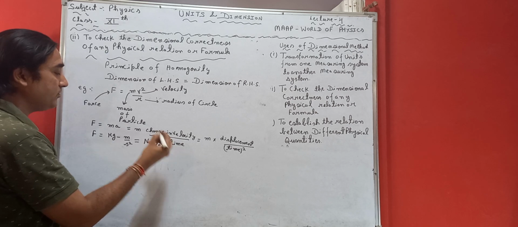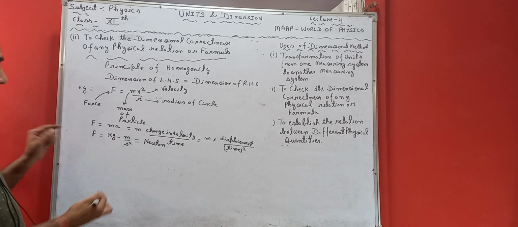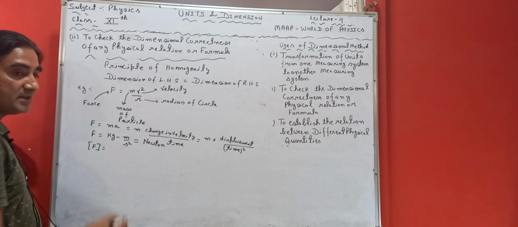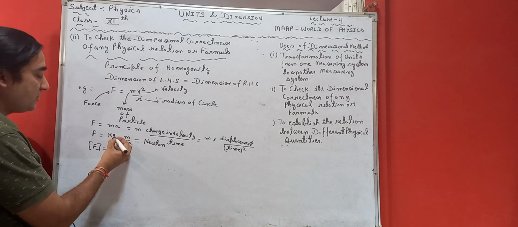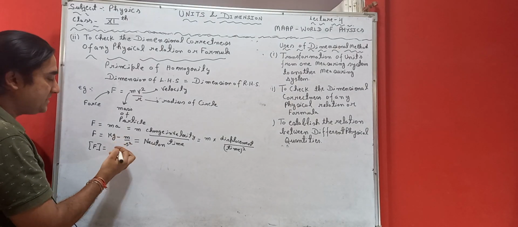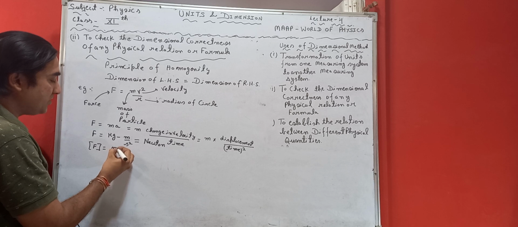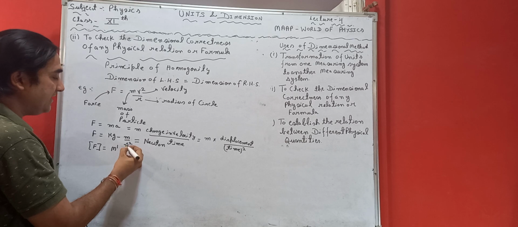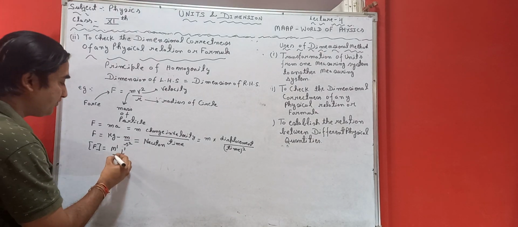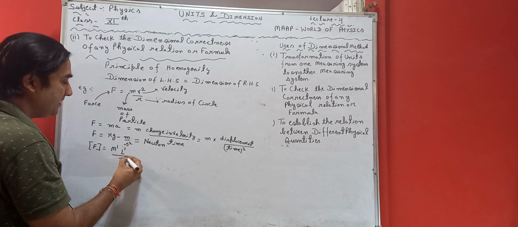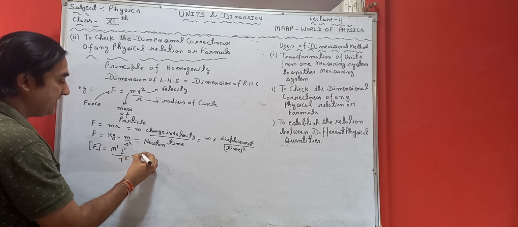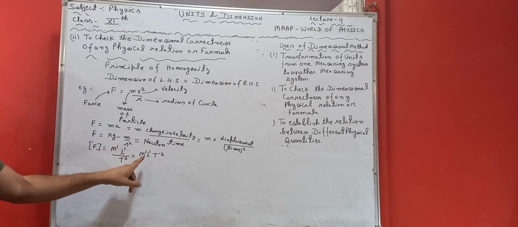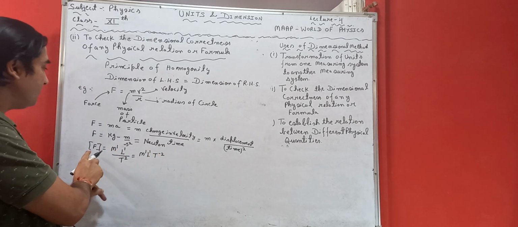Based on this fact, the dimensional formula for force: kilogram is mass and its power is 1, so M1. Meter is length, power is only 1, so L1. Divided by second, which is time, but the power here is 2. So M1 L1 T minus 2. This is the dimensional formula for force.